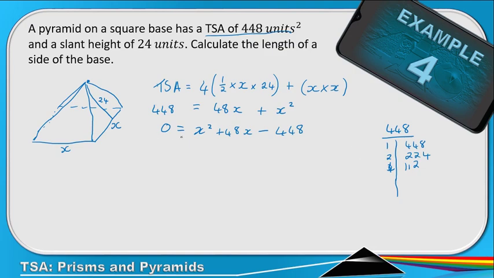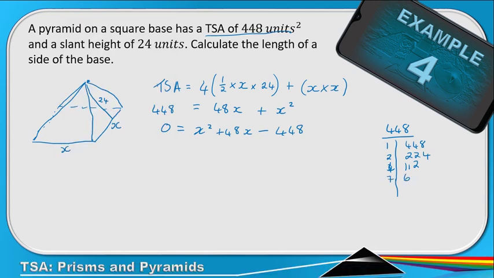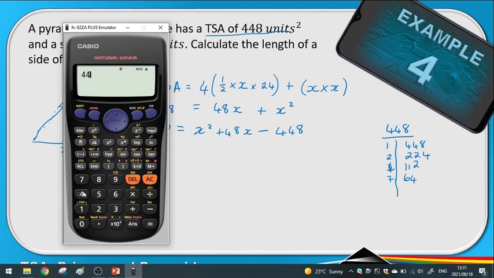Not going to give us 48. 5 can't go in. 448 divided by 6 can't go in. 448 divided by 7 is 64. Now 64 and 7, getting closer, but it's not going to give us 48 either. And then 448 divided by 8, that's 56.